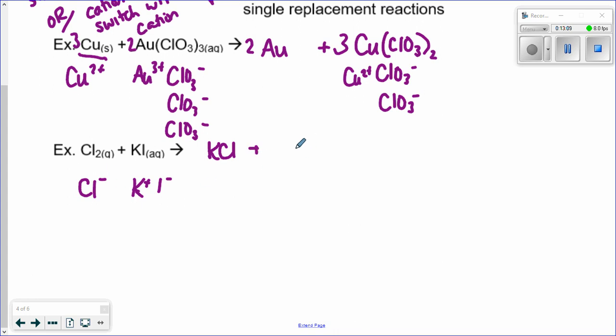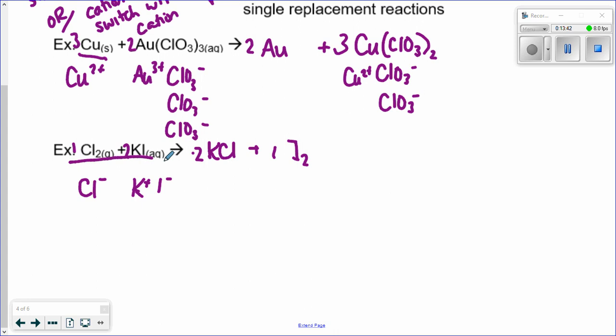And iodine. Iodine is one of the things that's found diatomically, so don't just write I here, you need to write I2. For balancing, we know we're going to have a 2 here and a 2 here, so there is a 1 here and a 1 here. So 1 times 2 is 2 chlorine in, 2 times 1 is 2 chlorine out, 2 times 1 is 2 potassium out, 2 iodine in, 2 iodine out.